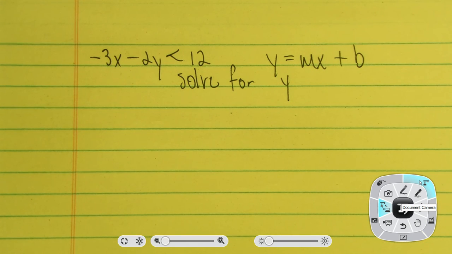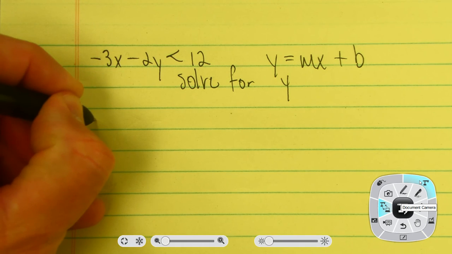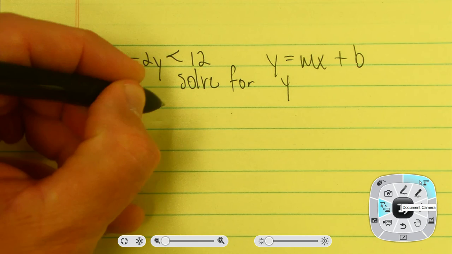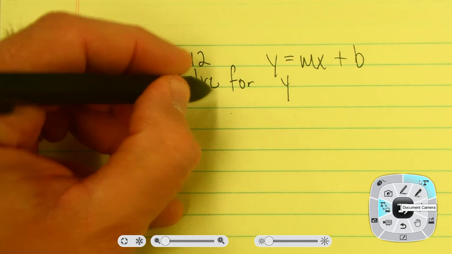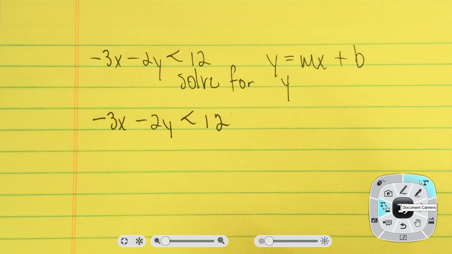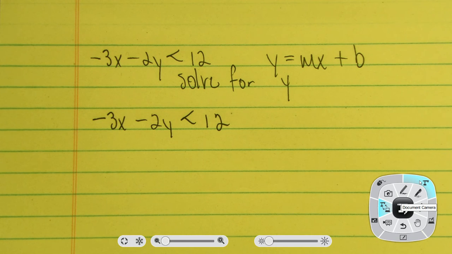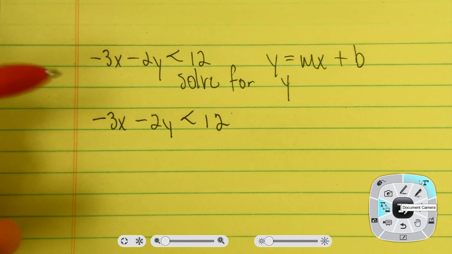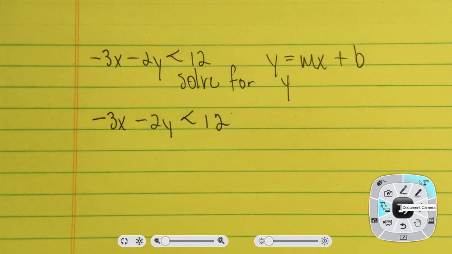So if we're going to solve it for y, here's what's got to happen. We've got -3x minus 2y is less than 12. So I know that I need to move this -3x across the inequality. Remember, I wanted y is less than or greater than, whatever it is, mx plus b. So I want the x on the other side.